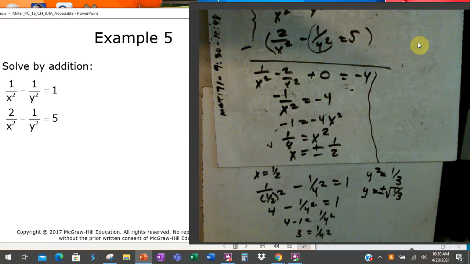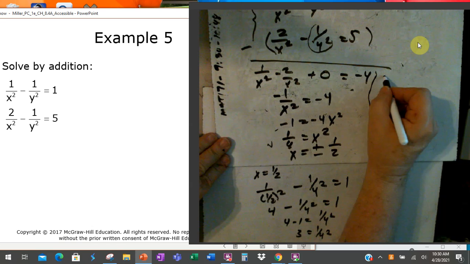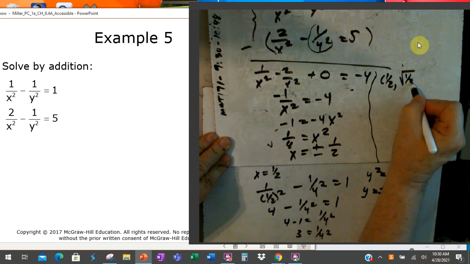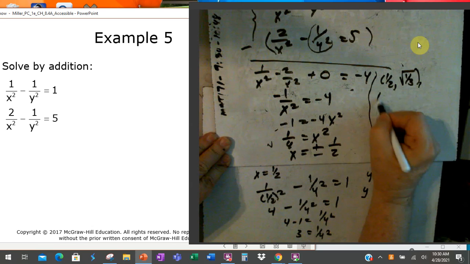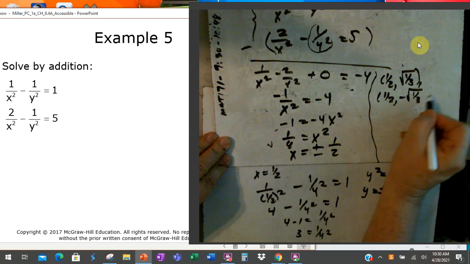Okay, so for 1x, this is what I've got. So for the 1/2, I have got plus the square root of 1/3 and then 1/2 minus the square root of 1/3. Okay.